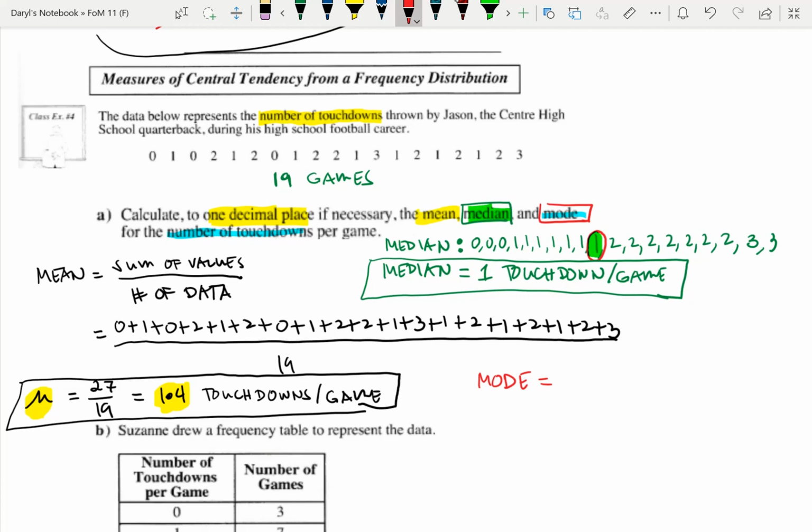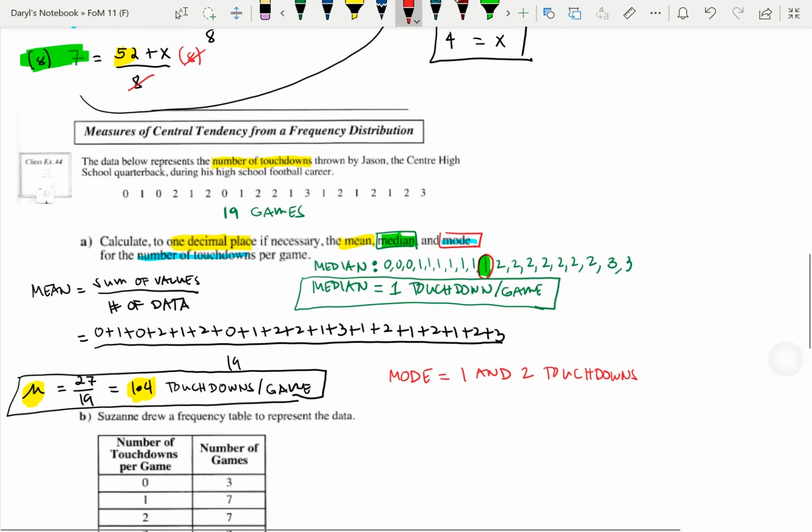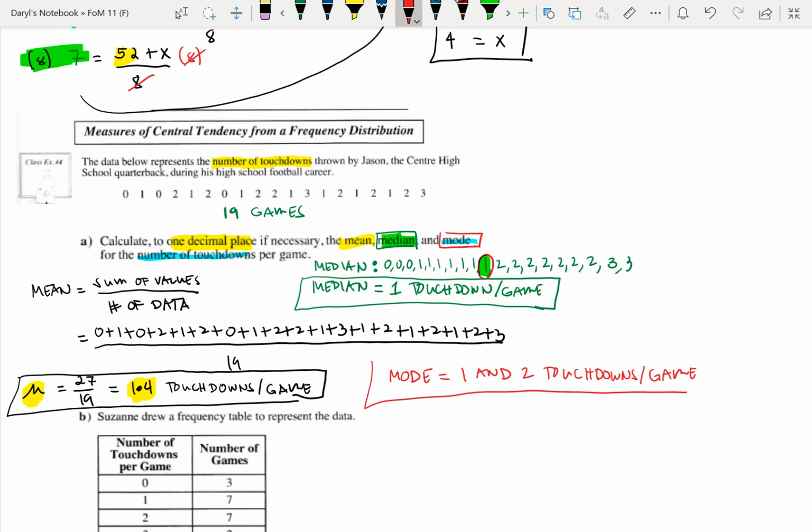So therefore the mode is equal to 1 and 2 touchdowns per game. So again, the mode in this particular case is 1 and 2.